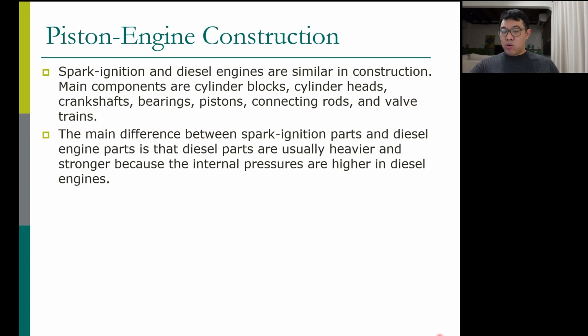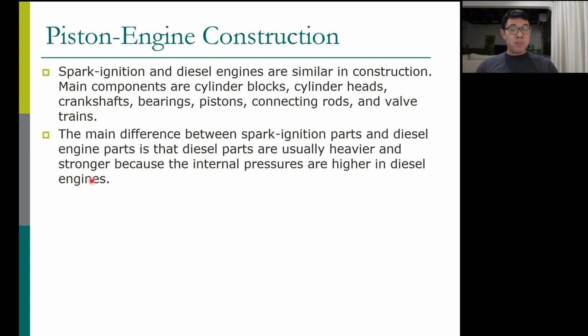The main difference between SI and CI engines is that, comparing part to part, let's say piston and piston, connecting rod and connecting rod, gasoline connecting rod and diesel connecting rod, the diesel one is usually heavier and stronger.